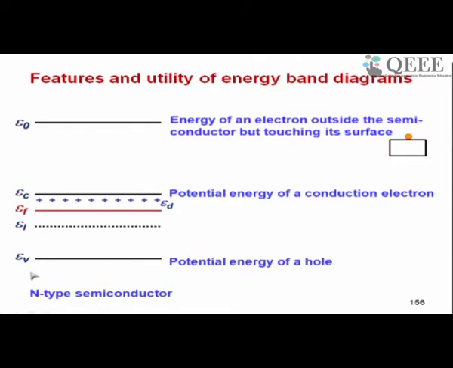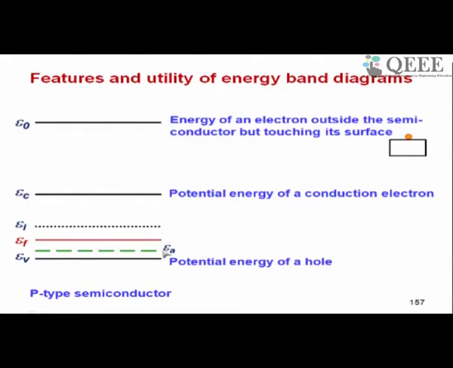In an n-type semiconductor, you show an additional level called Fermi level and what is called a donor level. This is the energy level corresponding to the donor impurity. The difference between EC and ED is the energy required to ionize a donor impurity. In a p-type semiconductor, you have acceptor impurities.